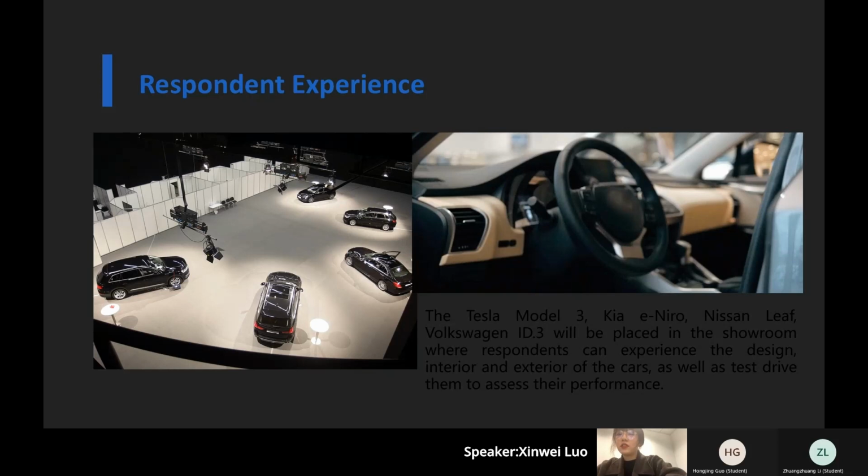The vehicles are placed in showrooms where respondents can experience the design, interior, and exterior of the vehicles, in addition to test driving them to assess their performance. The test materials are debranded to prevent the brand from influencing the judgment. Focus groups will be conducted with the car present.